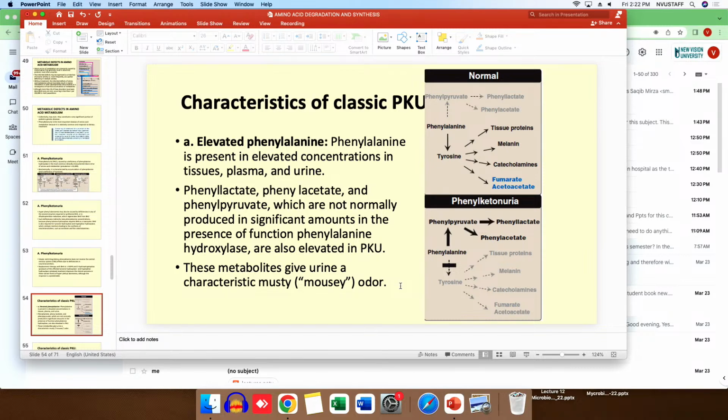A very special clinical characteristic of phenylketonuria is that the patient has deficiency of tyrosine, right? With deficiency of tyrosine, the patient has deficiency of melanin, because melanin is derived from tyrosine as well. You will see the pathway later. But if your patient has deficiency of melanin production, what do you think?